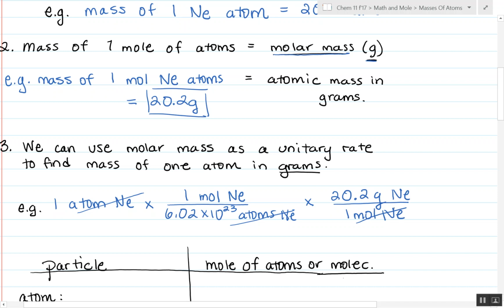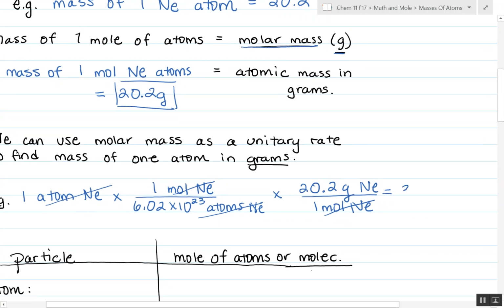So if our moles cancel out, we see we're left with grams of neon, and that ends up being equal to 3.36 times 10 to the negative 23 grams, which is the weight of one neon atom.